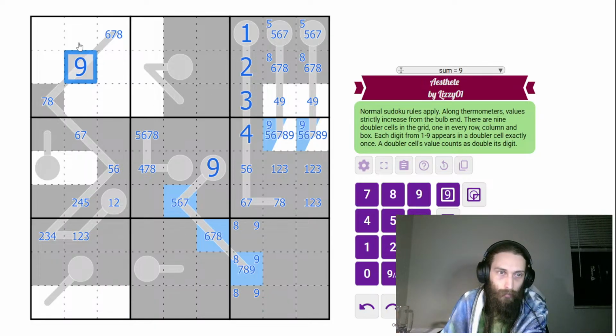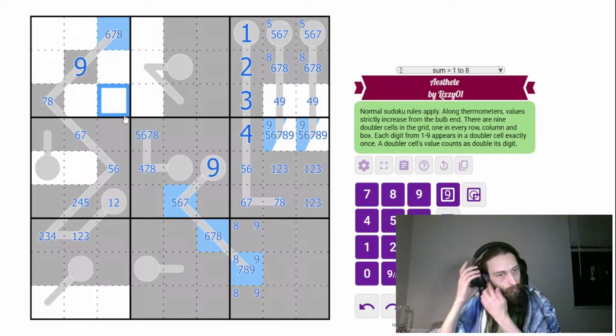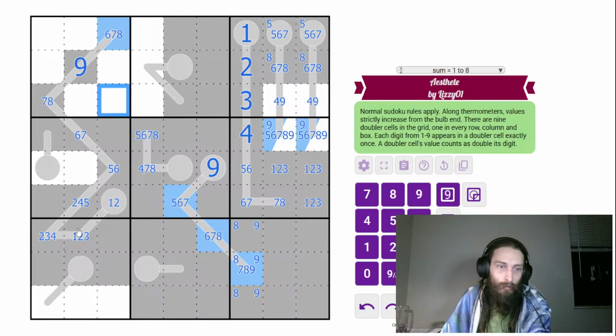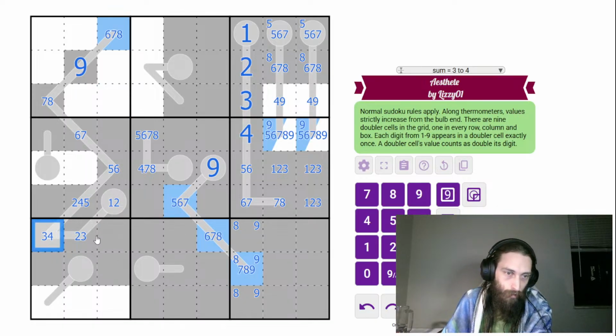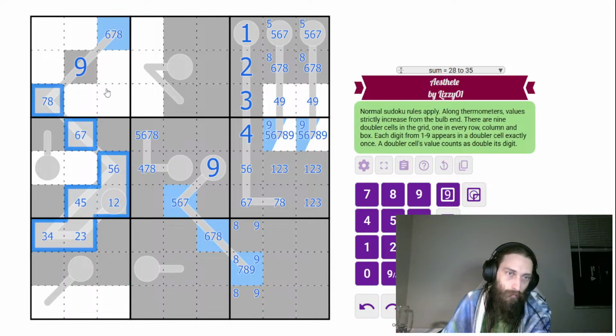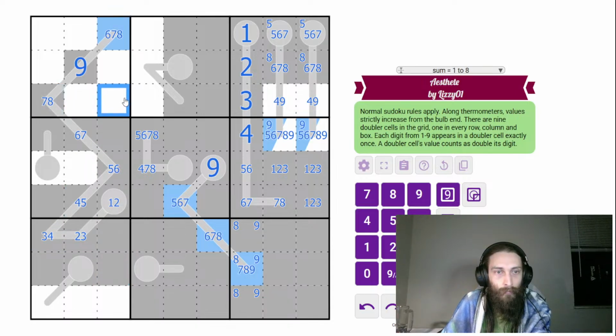Now, it can't be doubled, but then this one has to be. This can't be a doubled 1 or a doubled 2. Okay, well, we know it's 6, where the doubler is in box 2.